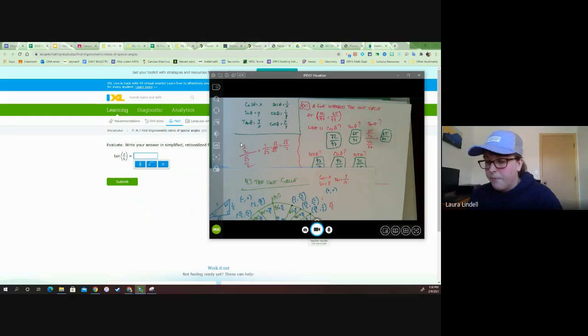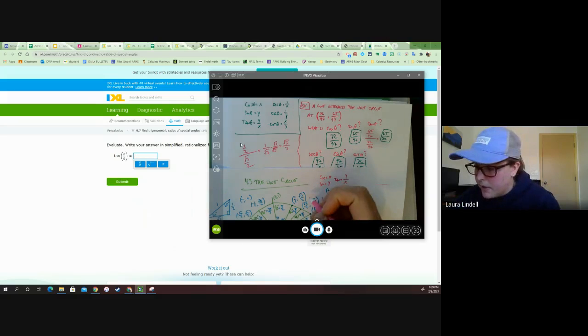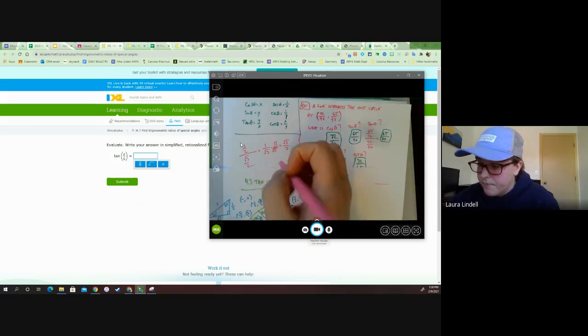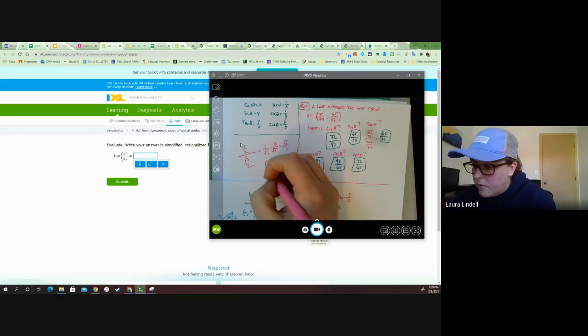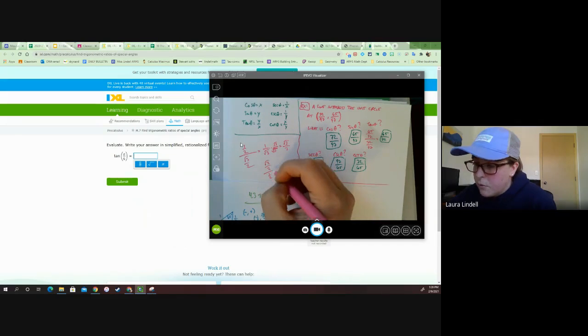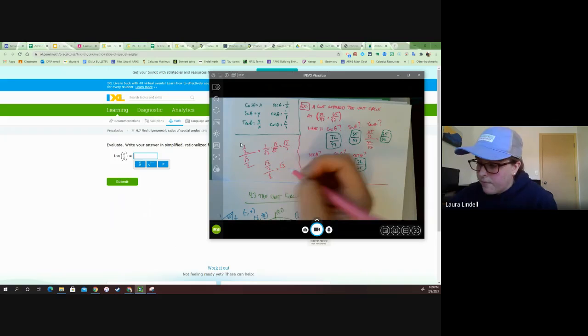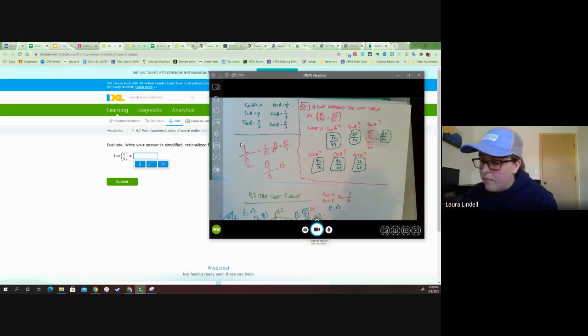Stuff like that. This one, √3 over 2 over 1/2, you flip and multiply, you just get √3. So they're all going to be some variation of that.